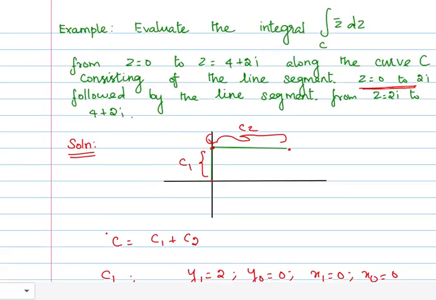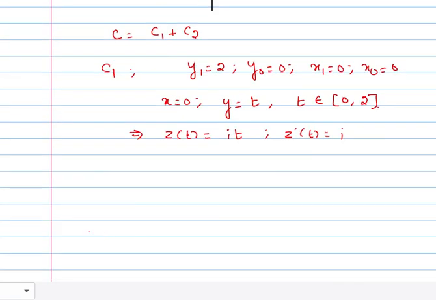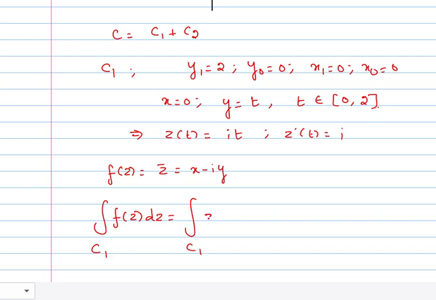So what is f of z given? F of z is z bar, that is x minus iy. Now I want the integral over C1 of f of z times dz, which is the integral over C1 of z bar times dz. Along the parametric form, t lies between 0 to 2.